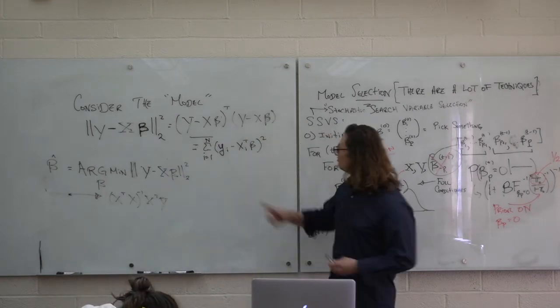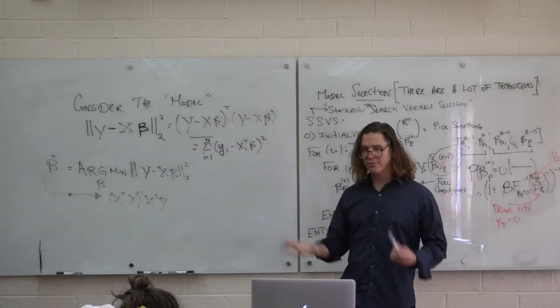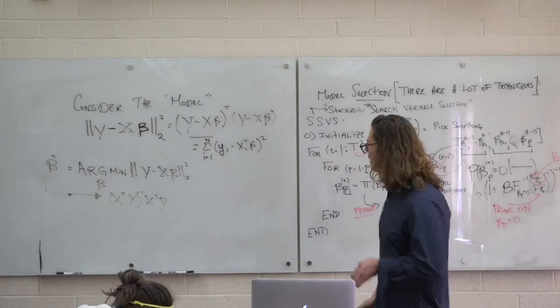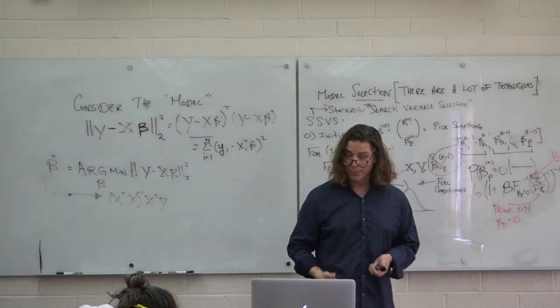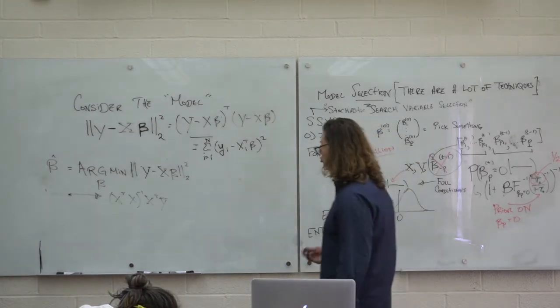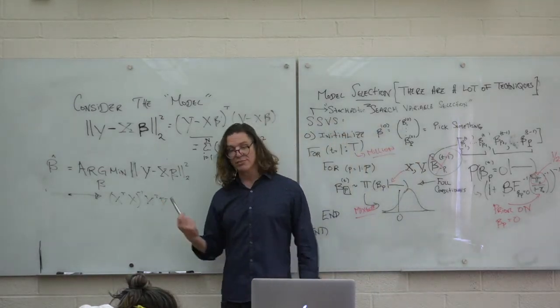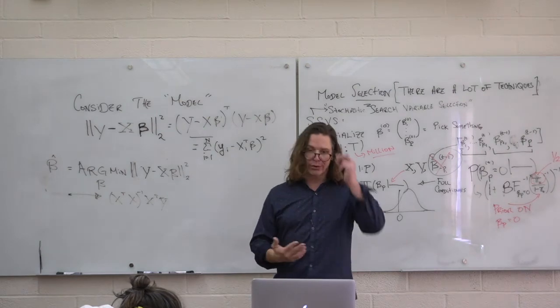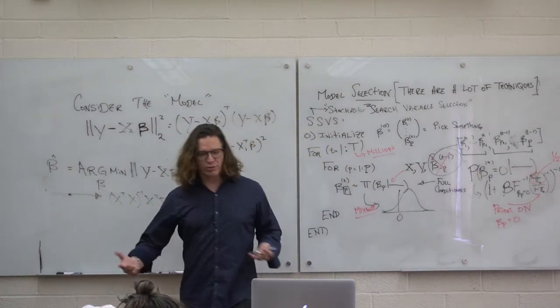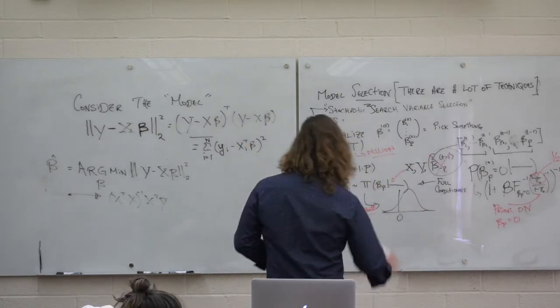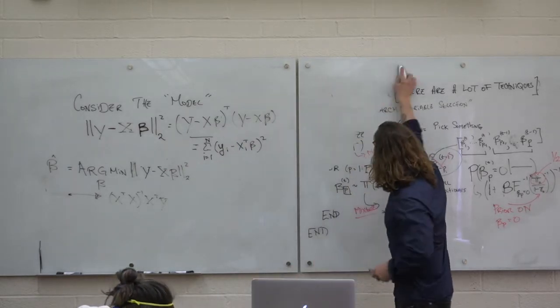All I have to do is basically take derivatives over the betas, set them all equal to 0, and solve for the betas. What do I get? I get this same solution that we've talked about many times in class. Of course, this solution requires the inverse to exist. If p is greater than n, this solution does not exist. This is the solution that they came up with back in the 1800s.